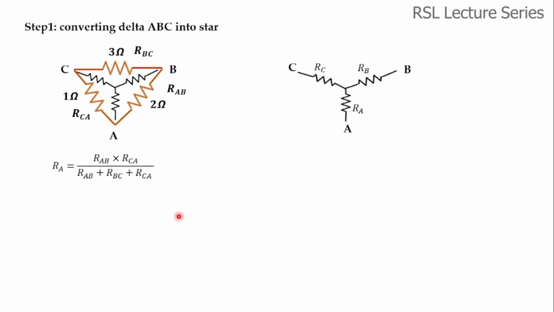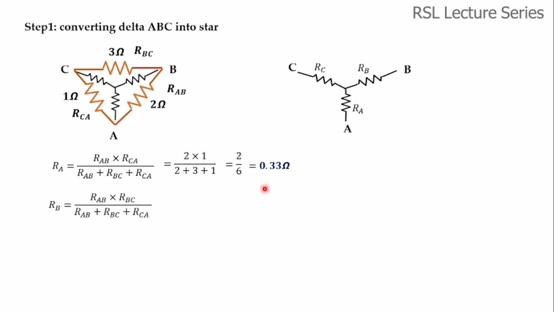Now we'll find out RA, RB and RC. RA is equal to RAB into RCA divided by the sum of all the resistors. So 2 into 1 divided by 2 plus 3 plus 1. That is equal to 2 by 6 or 0.33 ohm.